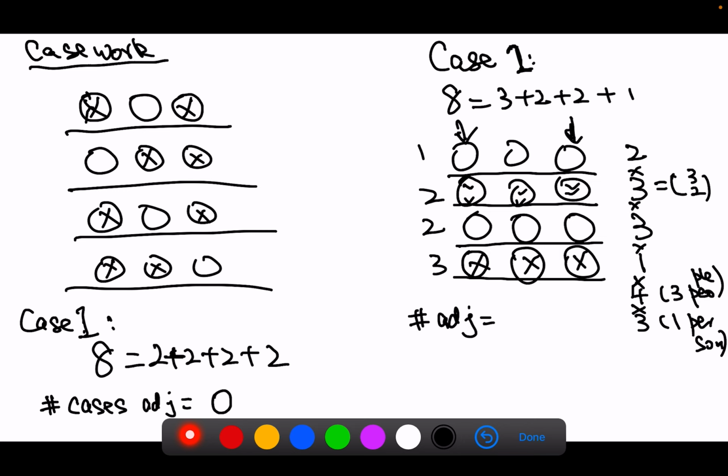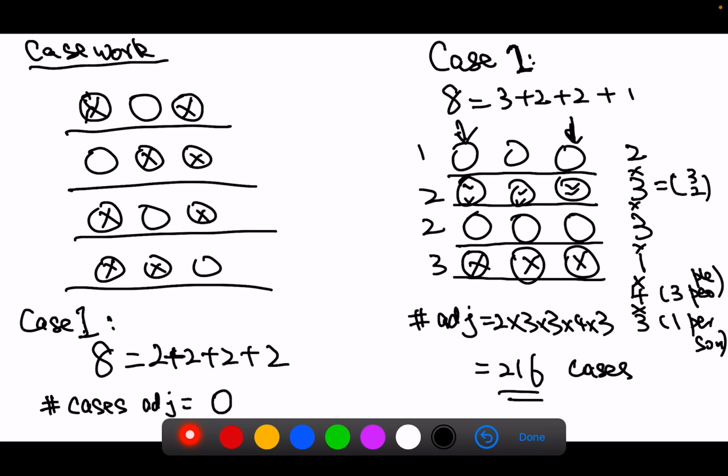But now I need to permute those rows because I don't know which row has 3 people, 4 choices, and which row has 1 person, 3 choices. Multiply all of them together, and this is equal to 27 times 8, which is equal to 216 solutions, or 216 cases that work.